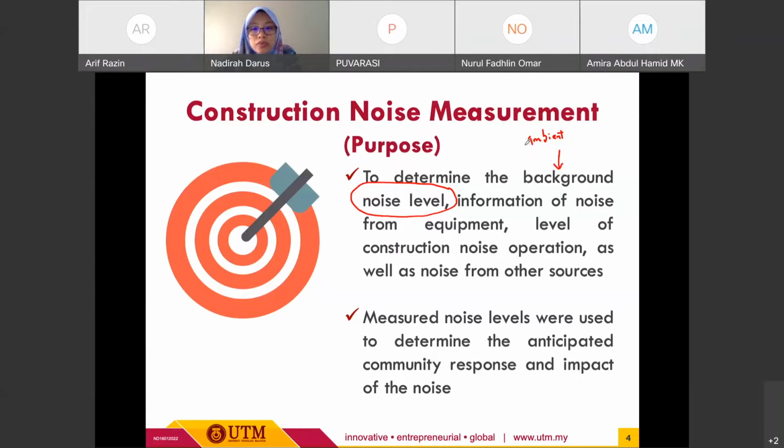Okay, and then why we need to conduct the monitoring, we need to conduct the measurement because we would like to obtain information of noise from the equipment, okay, individual equipment or plant and machineries on site. Okay, that is why we need to conduct noise measurement.